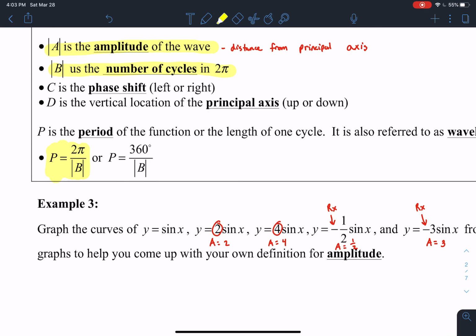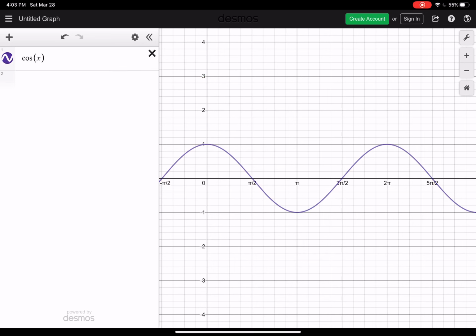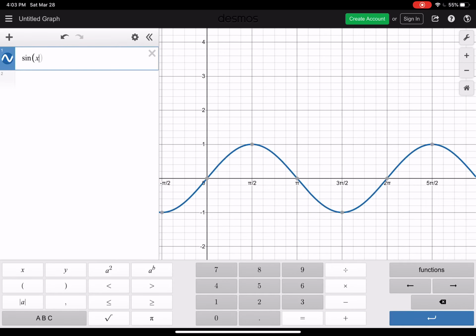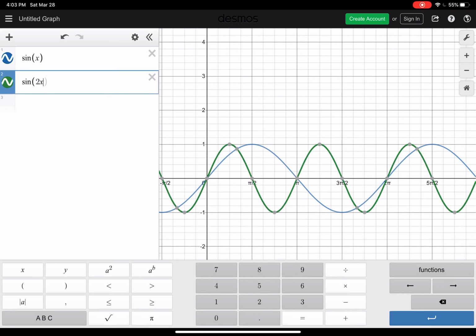So if I go back to Desmos now, get rid of these guys. I'm going to go back to sine of x. Now I'm going to do sine of 2x. If you look at the graph, it looks a little bit different. Instead of vertically stretching it, we're horizontally shrinking it here. The b term here is 2, because it's 2x.